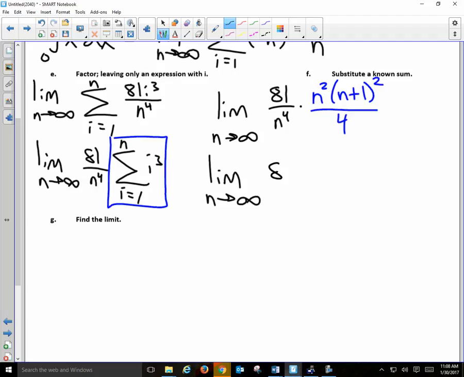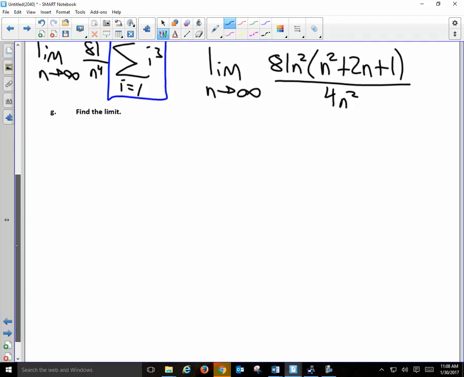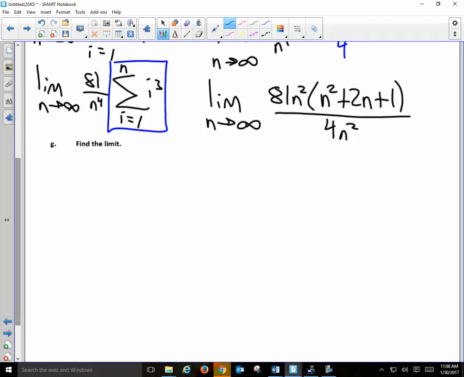So I've got 81 n squared times (n squared plus 2n plus 1). Everyone okay with that expression?